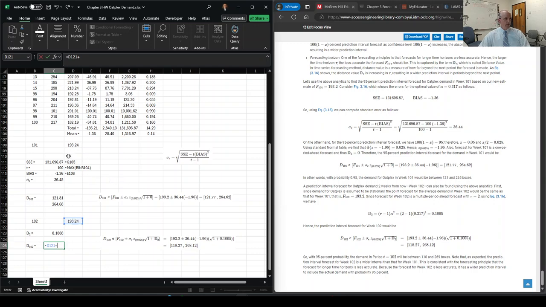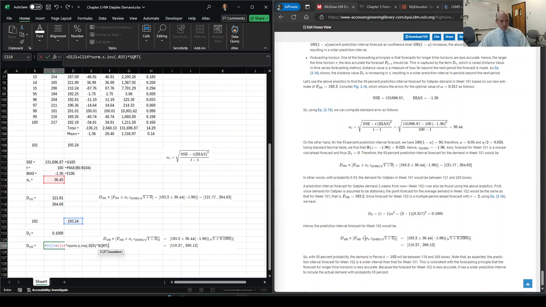We still have the same error, 36.45, times the NORM.S.INV of 0.025. Then we're going to do one more times this, and it's going to be a square root.